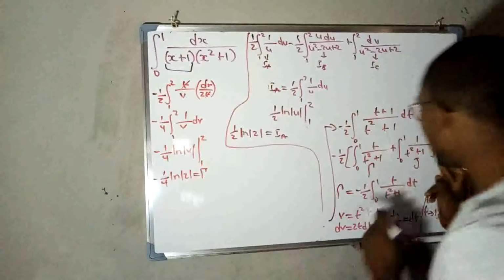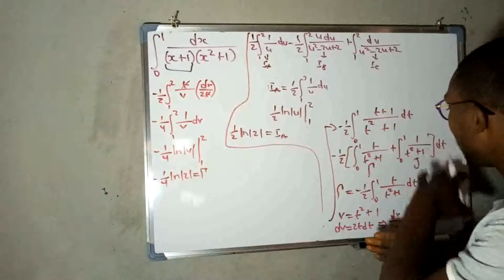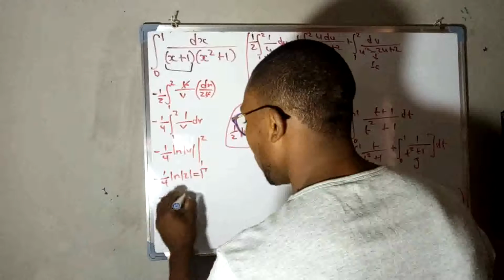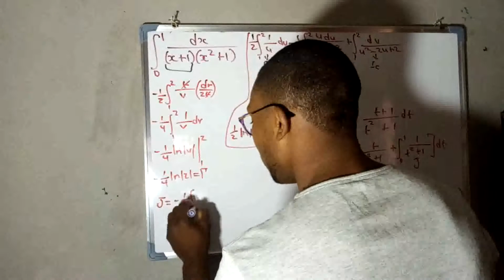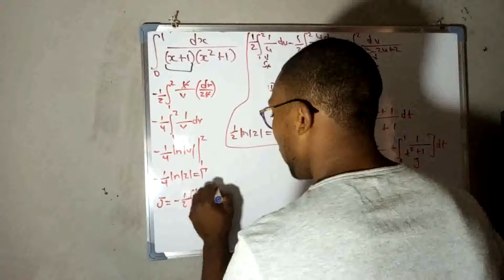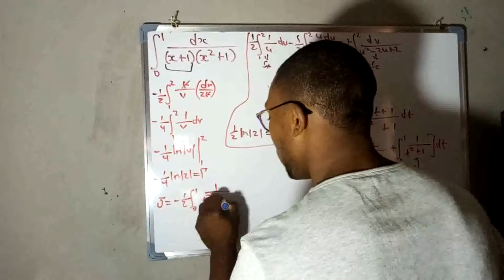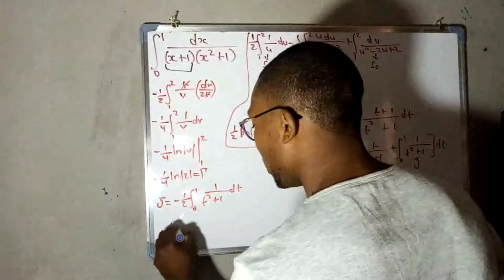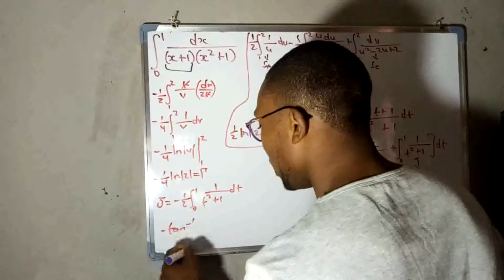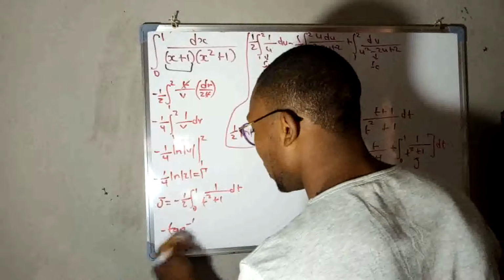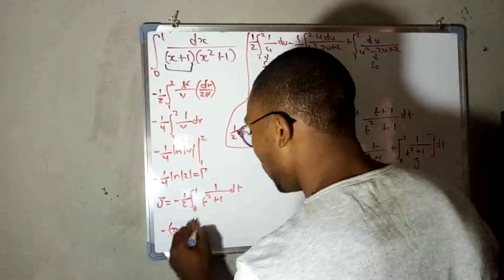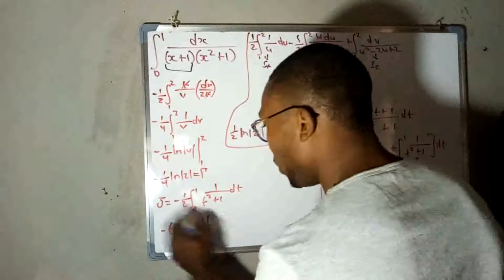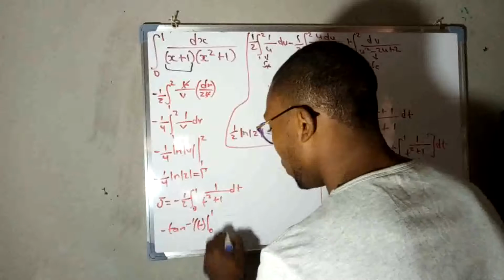Now for my g, it's a very simple one. We all know this. Now for my g, which is equal to minus 1 over 2, then my limit from 0 to 1, and I have my 1 over t squared plus 1 dt. We all know that this is nothing but the inverse of tan of t. So I have to plug in my limit.